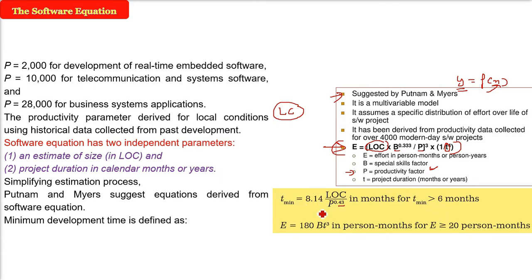Then you use it. And what about the effort? The effort will be 180 into B into T cubed, where B is the special skills factor. This also has a specific value for specific projects, in person months, when the effort is higher than 20 person months. T, as I said, you will use here in years.